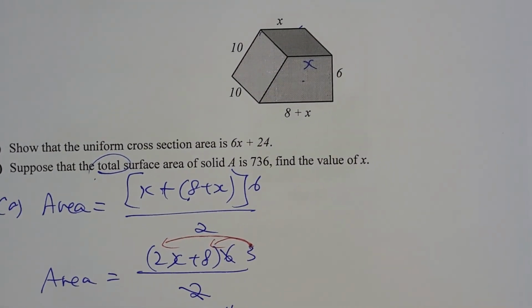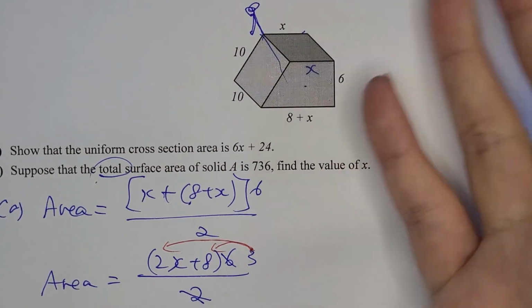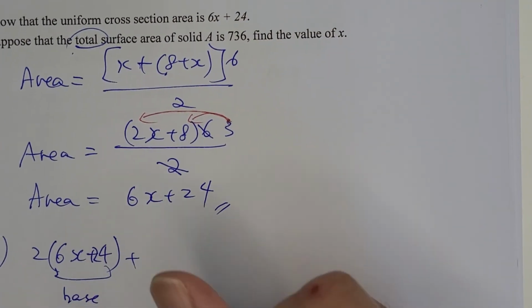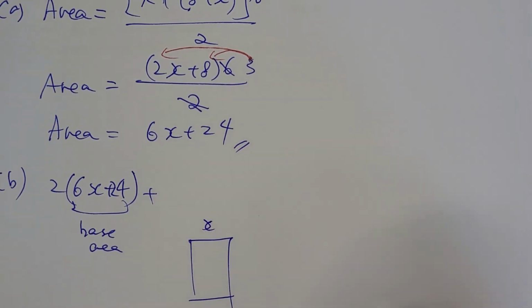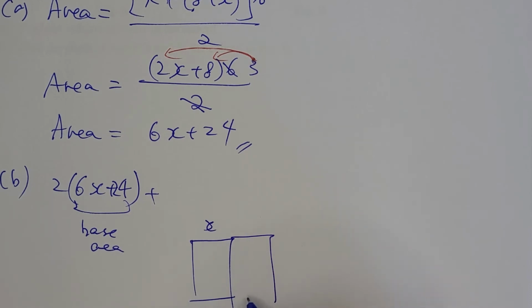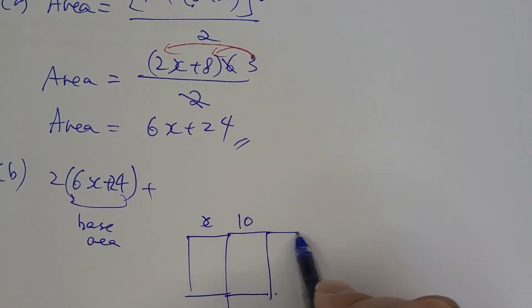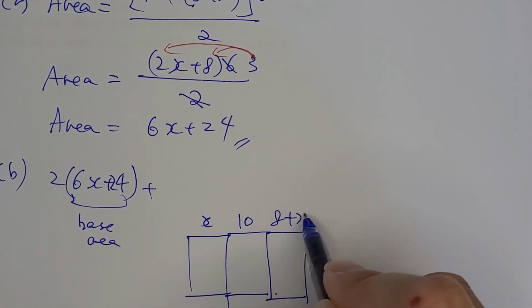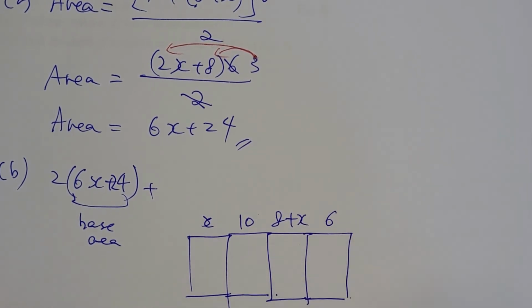So how to count? Suppose you have scissors to cut it and then unfold it, you'll find something like this. There's x, and the next one will be 10. The next one will be x plus x, and then the next one will be 6.